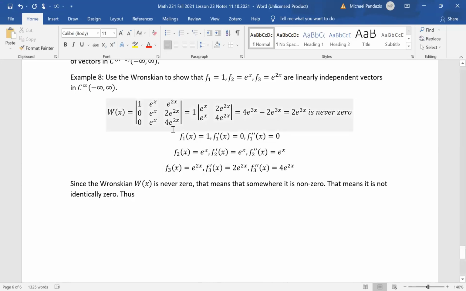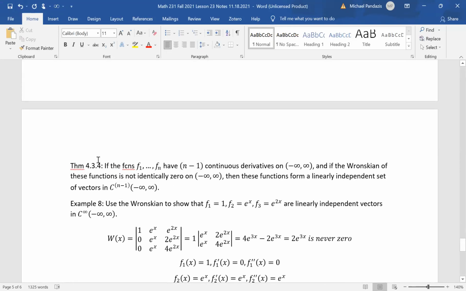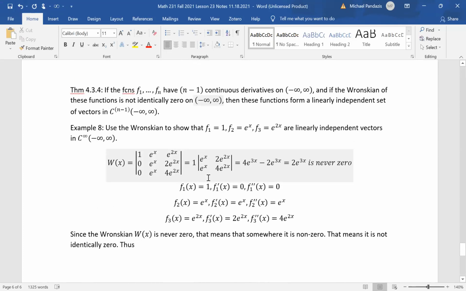And that's what we want to conclude, that we have a linearly independent set. So thus, by theorem 4.3.4 right above, we have that the functions form a linearly independent set of vectors in C infinity.